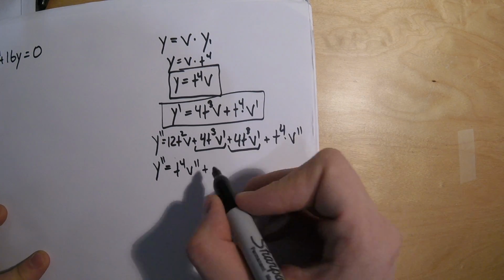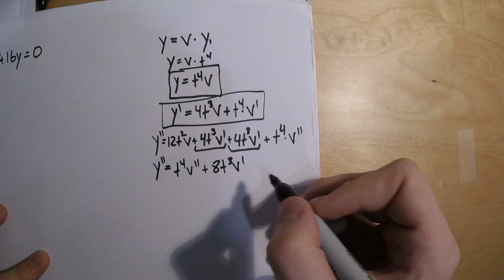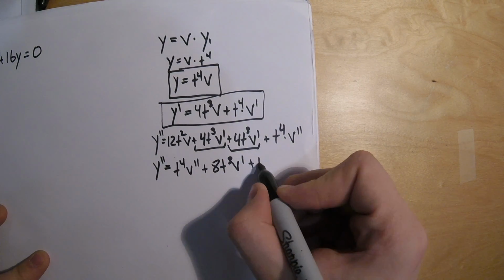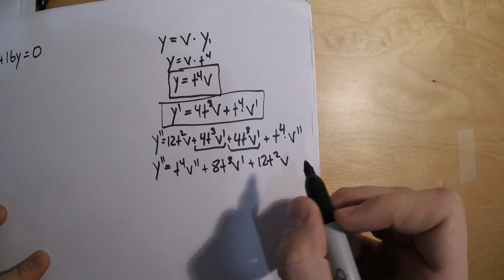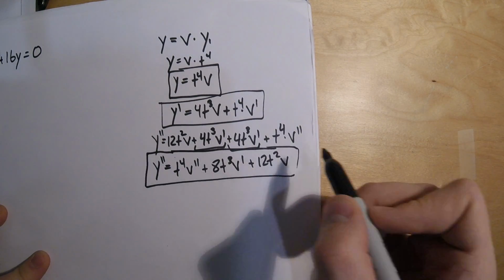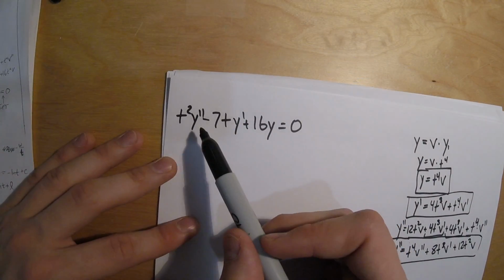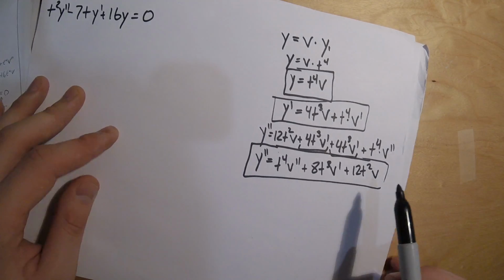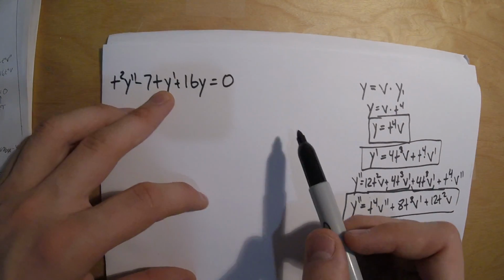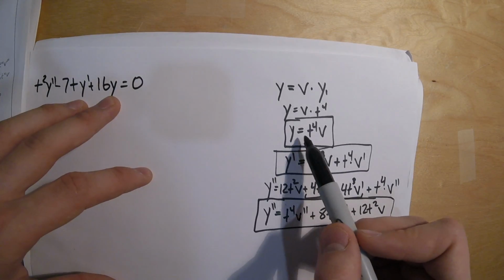So 4 plus 4 is 8t cubed v prime, and then we have the plus 12t squared v. Now we can substitute: wherever we see a y double prime, we can substitute this thing in here. Whenever we see a y prime, we can substitute this in, and wherever we see a y, we're going to substitute this here.